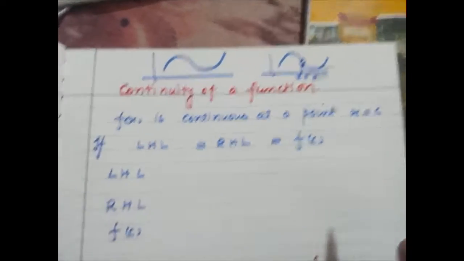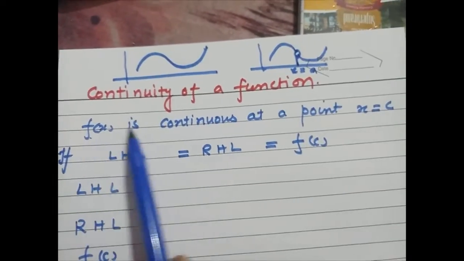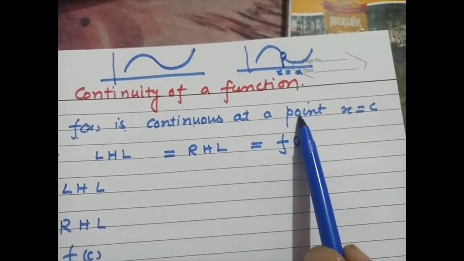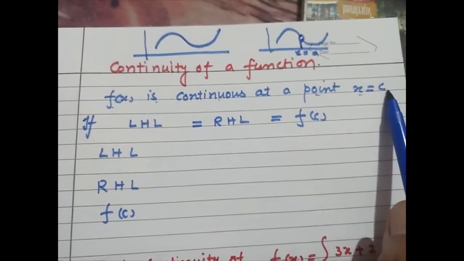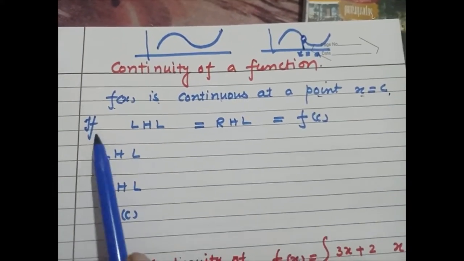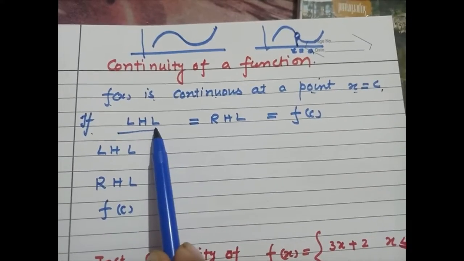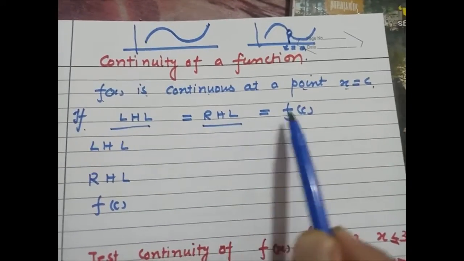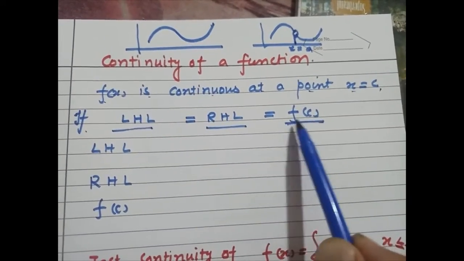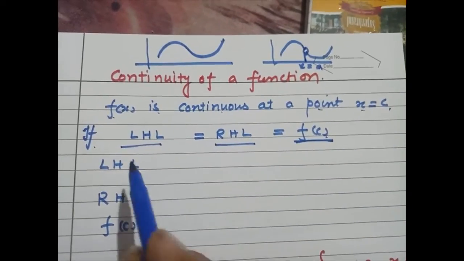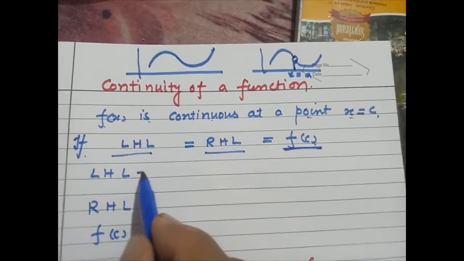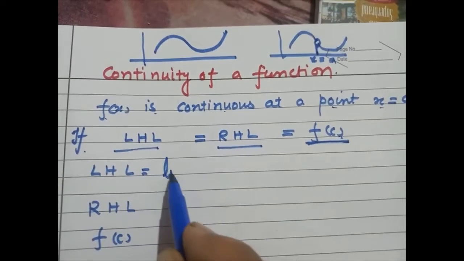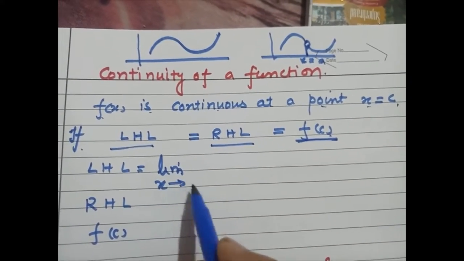Now, a function is continuous at a point x equal to c if its left hand limit is equal to right hand limit and the value of function at the point c. This we already have studied. How do we find the left hand limit? See, limit x tends to c minus, for left hand limit.